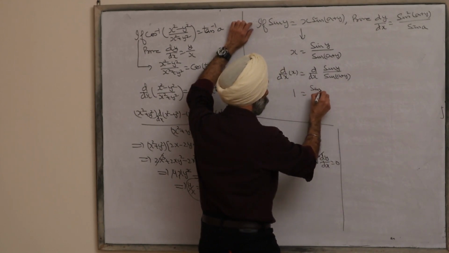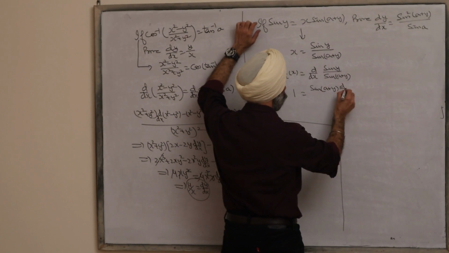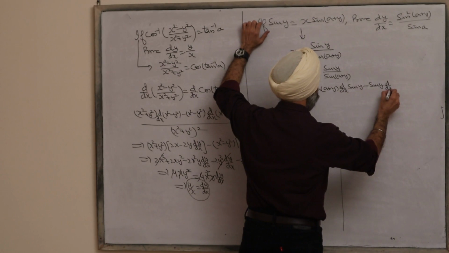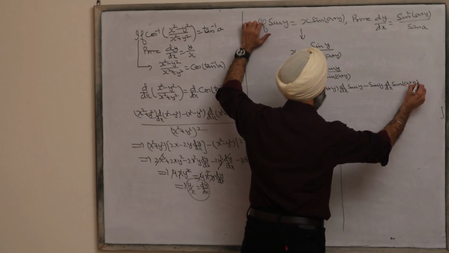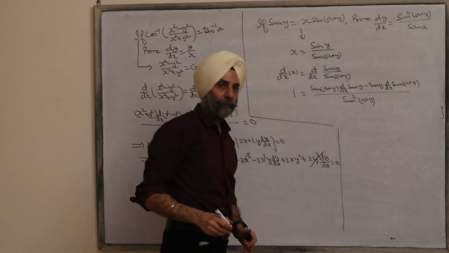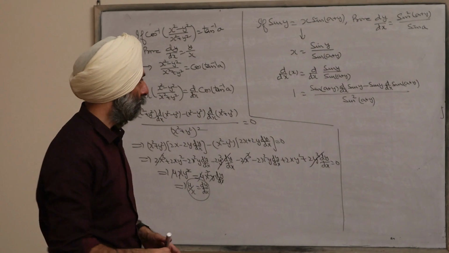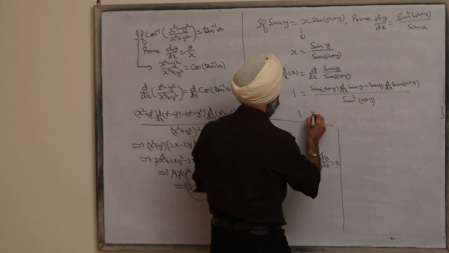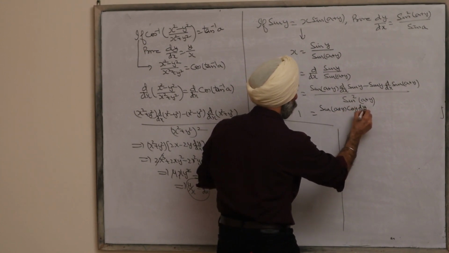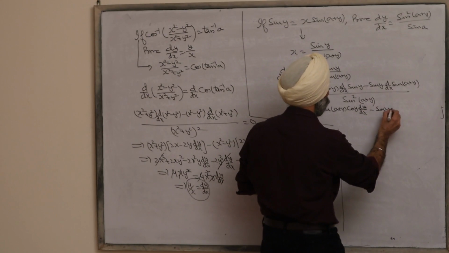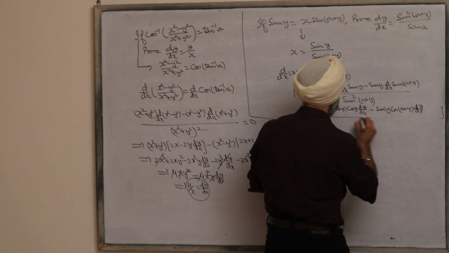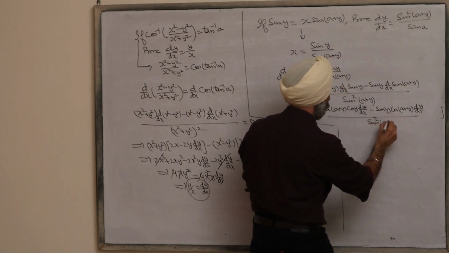So 1 is equal to [sin(a + y) into d/dx of sin y minus sin y into d/dx of sin(a + y)] upon sin²(a + y). So 1 is equal to [sin(a + y) cos y dy/dx minus sin y cos(a + y) dy/dx] upon sin²(a + y).